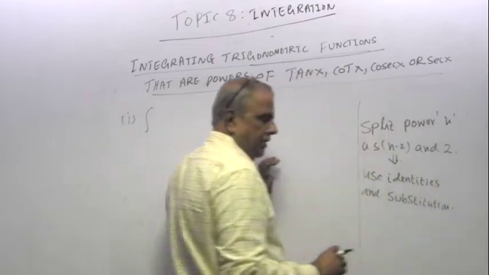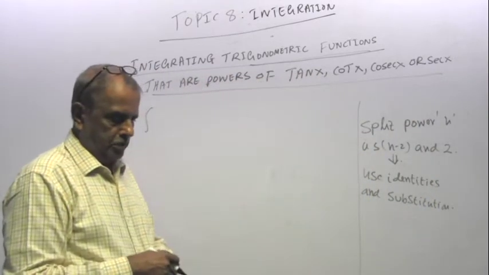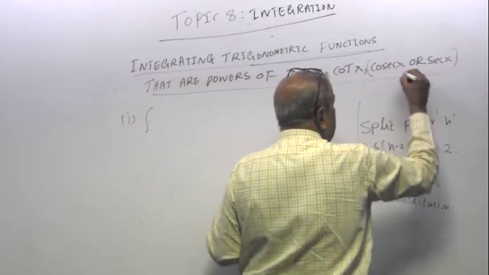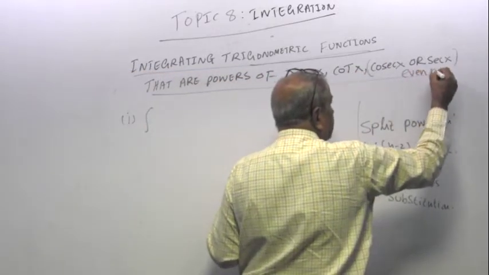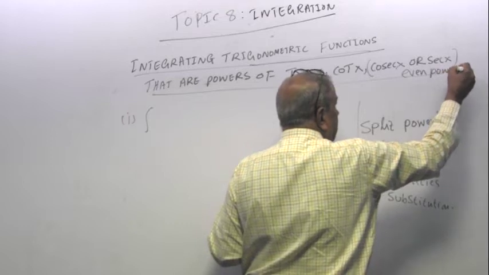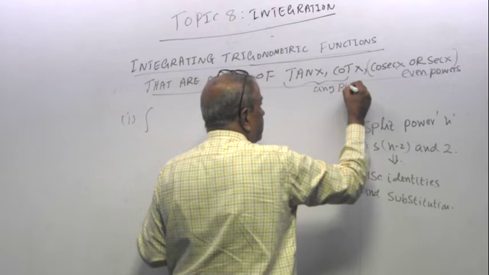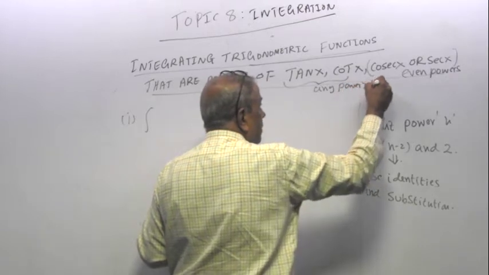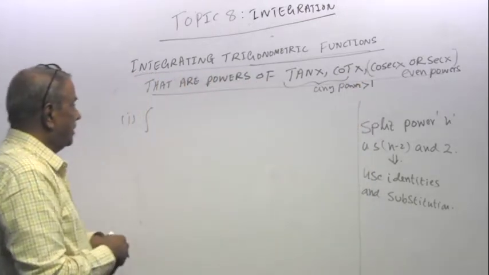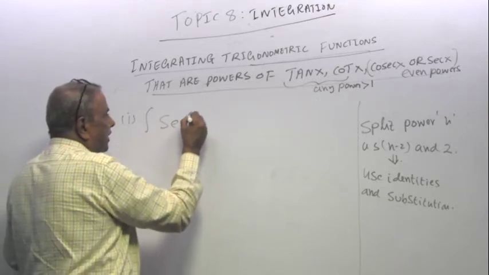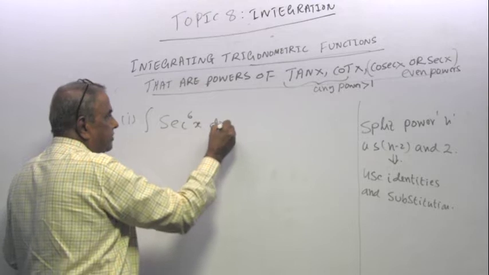Cosec power 5, cosec squared, no, it doesn't work. This one, even powers. This is any power more than 1. So, integral, let's take sec power 6x dx.